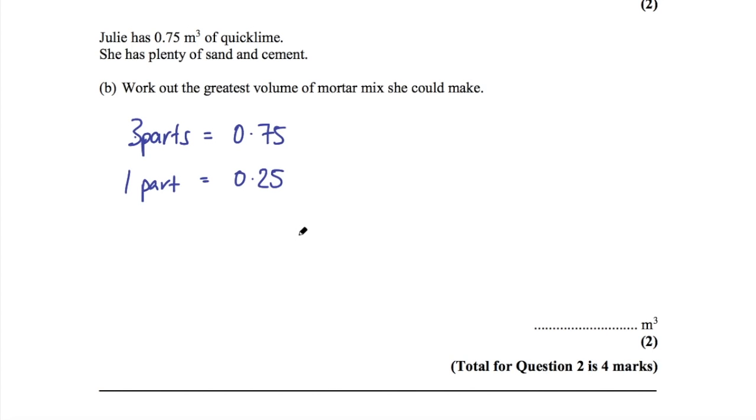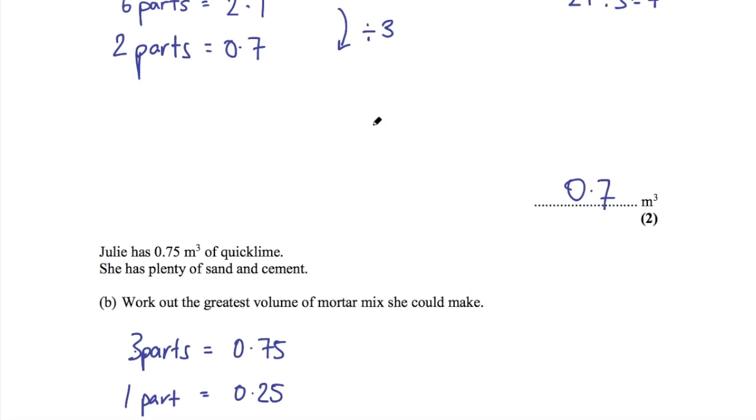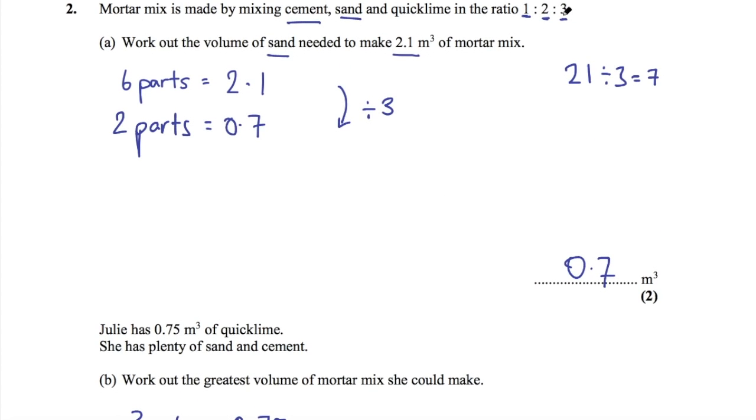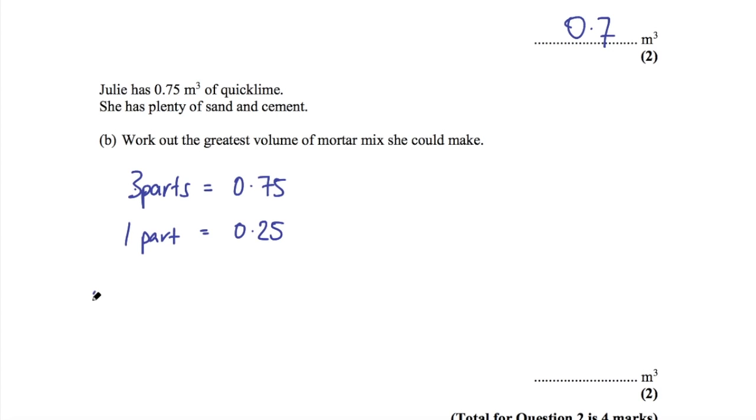Now have a look at the ratio again. 1 to 2 to 3. We want 1 part of cement, which is 0.25, plus 2 parts of sand, which is 2 lots of 0.25, so that's 0.5, and then 3 parts of quicklime, which we already know is 0.75.